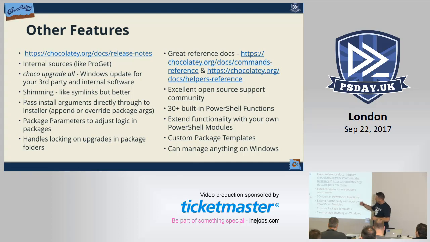And there's methods, package parameters, and other things that you can do to actually have the ability to adjust logic for a package without having multiple packages that all install the same thing but slightly different. So that's where package parameters and install arguments come in. We really won't have time to get into that either. But there is documentation out there for those things.